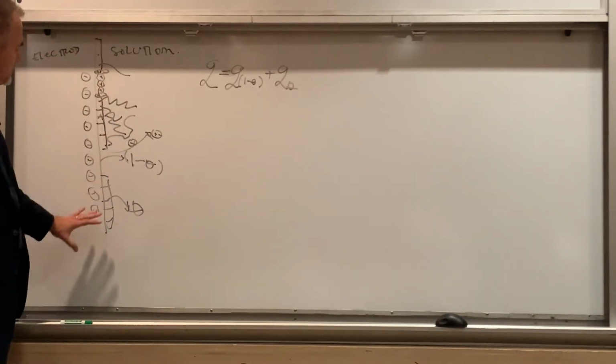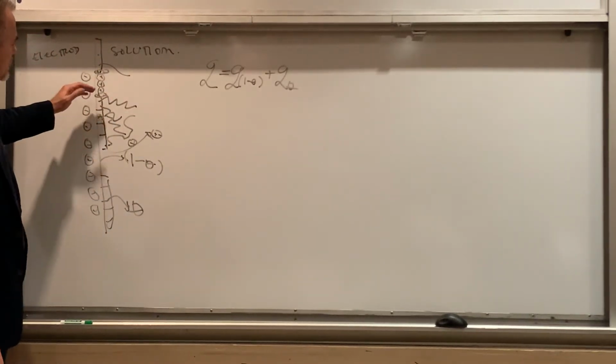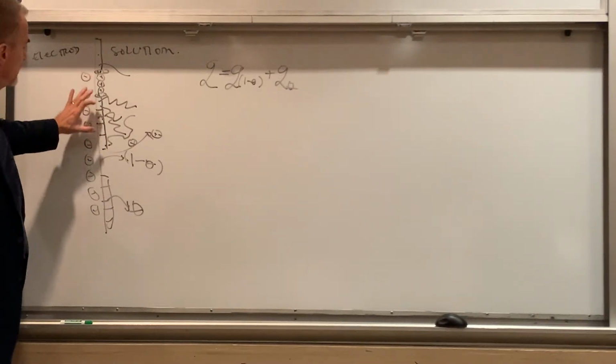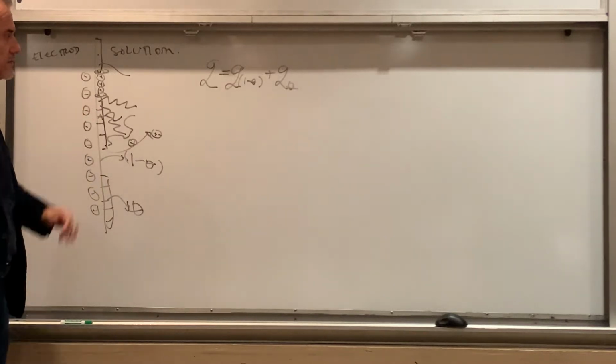So the charge of this electrode is equal to the charge that belongs to the parts of the surface that are not covered by additives plus the parts of the surface that are covered by additives, okay?